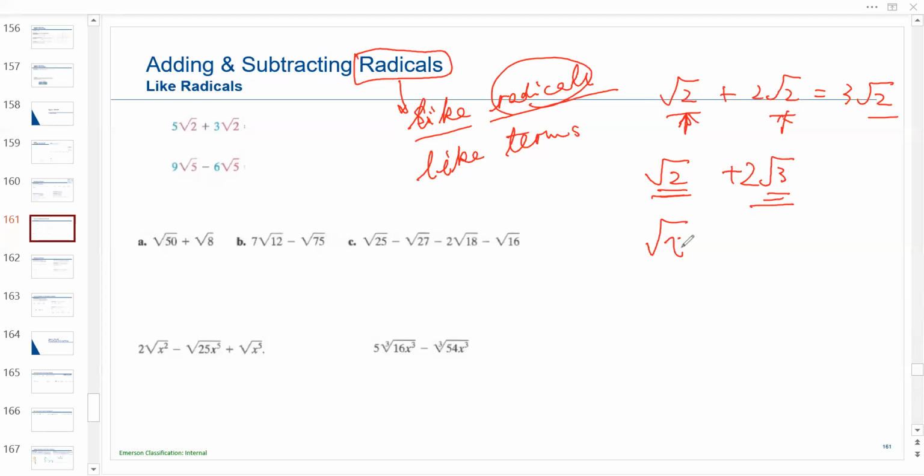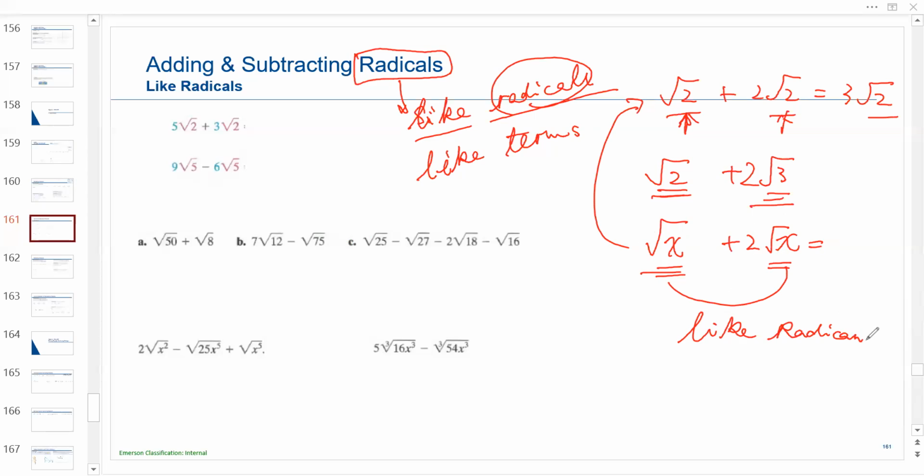Like the square root of x plus 2 times the square root of x. They have the same radicand, like radicals, so they can combine and become 3 square root of x. Similarly with the minus: square root of x minus 2 square root of x. Only the coefficient part does the calculation.